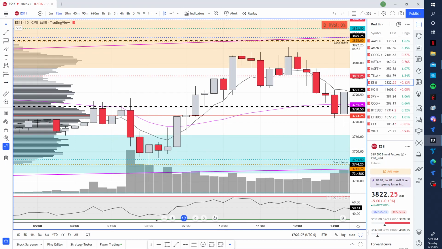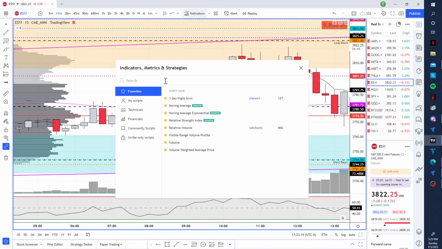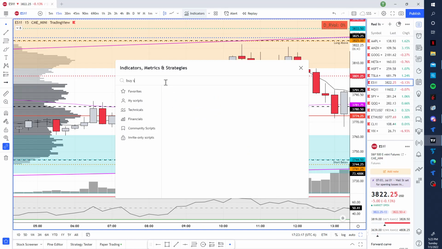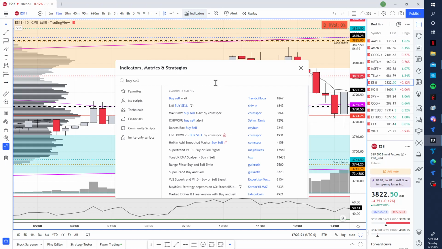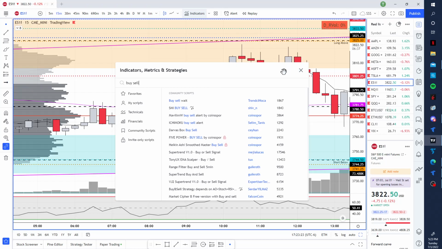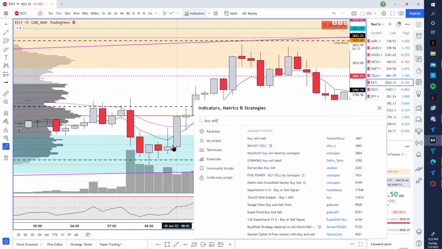Can we see the buy sell split in the volume in TradingView? They do have it, yes. It only shows the buy versus sell based on where the close is relative to the candle, like the spread of the candle.